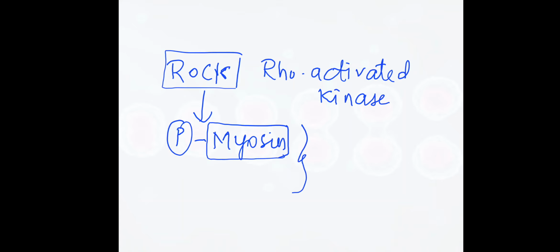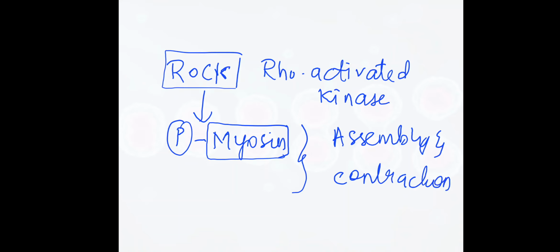What happens if there is phosphorylation of myosin light chain? It promotes assembly and contraction of the actin-myosin ring. Okay, so this is cytokinesis in animal cell.